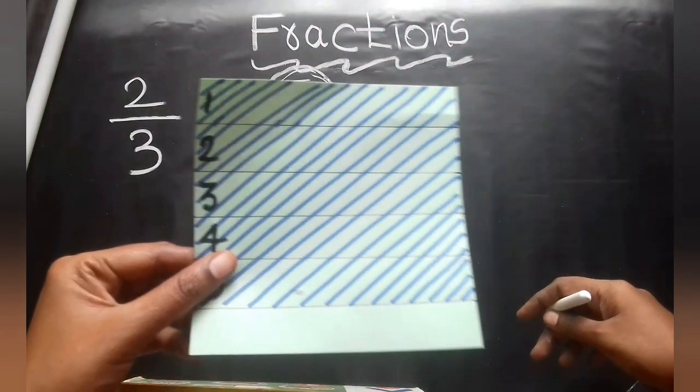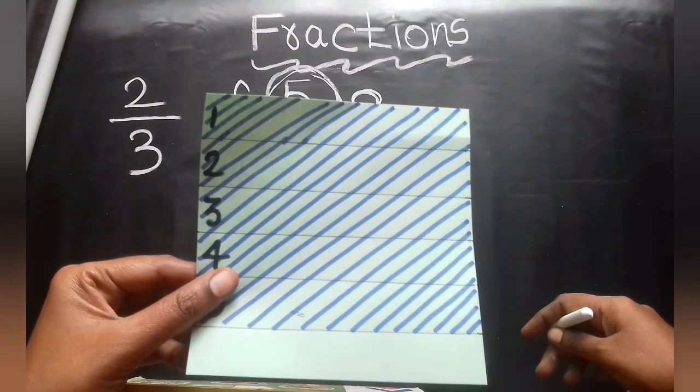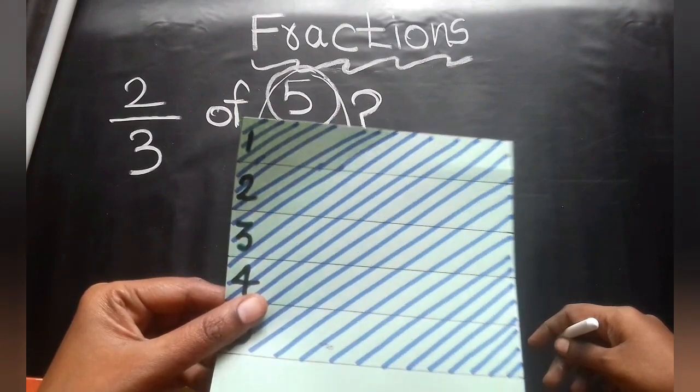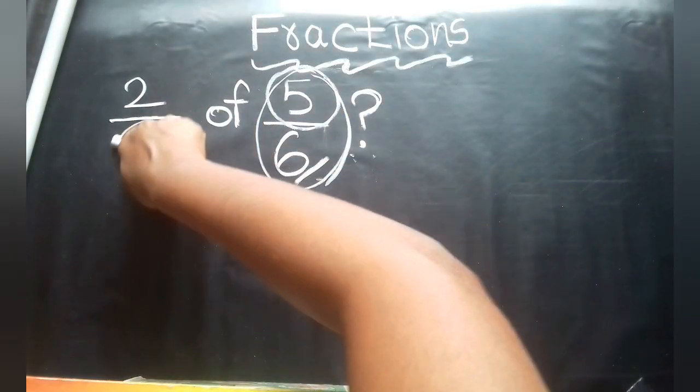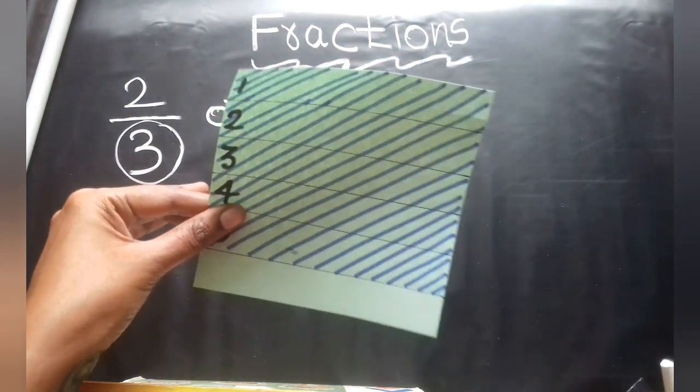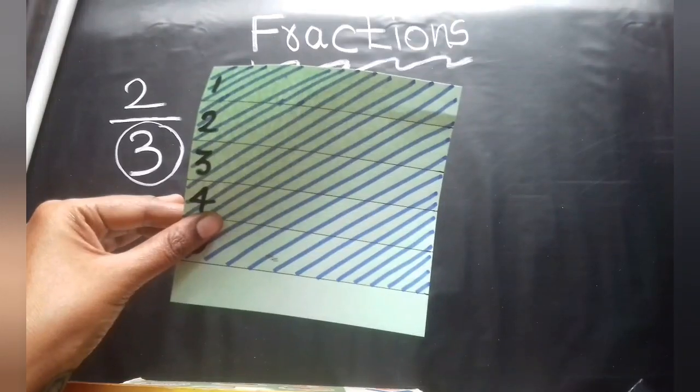So you need to take the square paper again and you need to divide this square paper into 3 equal parts as the denominator represents the number 3. So we are going to divide the same square sheet into 3 equal parts.